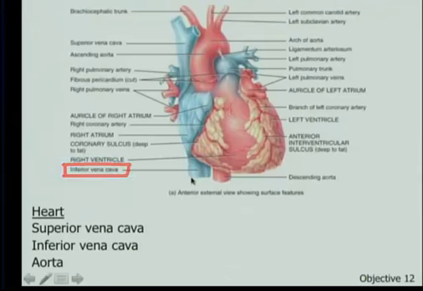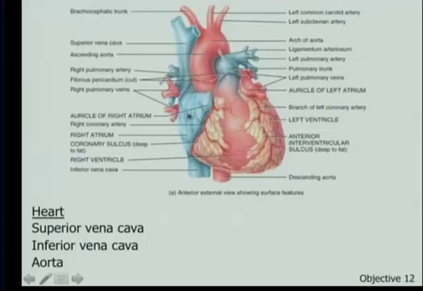Now, an easy way to remember which side is which is notice how the heart's tilted, and there's the point, or we call it the apex. The apex of the heart points left. And so I know that these two vessels are on the right side, and anything coming from over here is on the left side. And so we can name even some of the chambers if we wanted to. The top two chambers of the heart are called the atria.